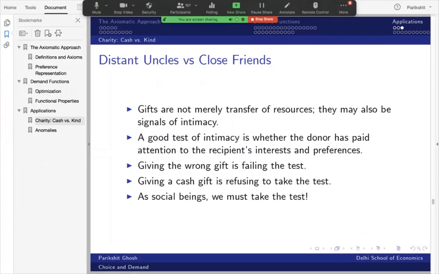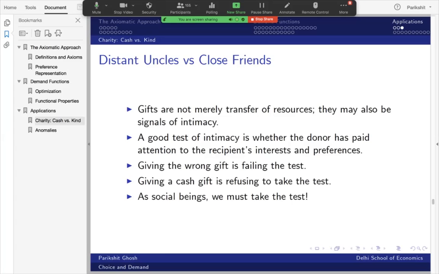Sir, when we are comparing cash and gifts in kind, shouldn't it vary from person to person? Someone may give more importance to cash instead of kind transfer, and shouldn't it depend on the economic or financial condition of the families? A poor family may prefer cash as gifts. Sure.